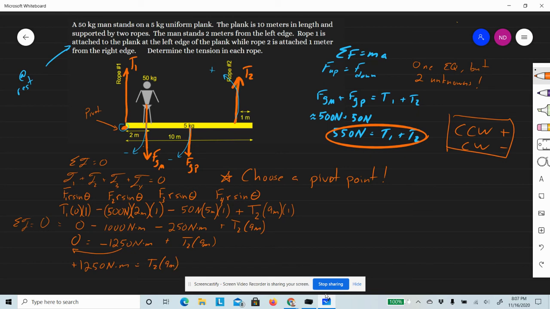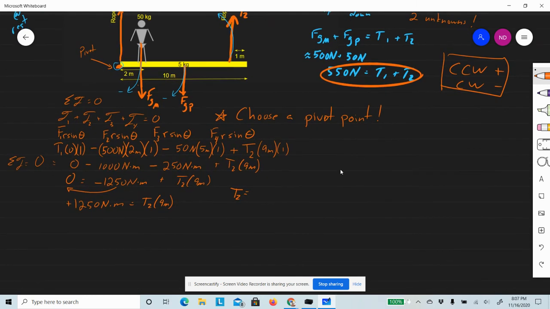Now we can figure out that T2 is equal to 1,250 divided by 9. Right? Divide both sides by 9. Divide this by 9 meters. 1,250 divided by 9 gives you 139 newtons.